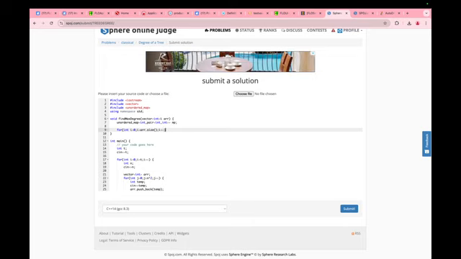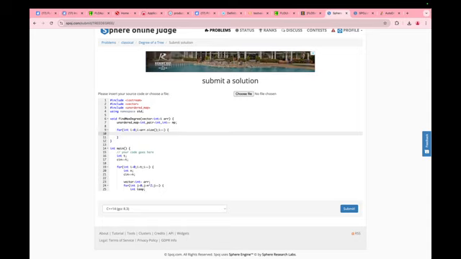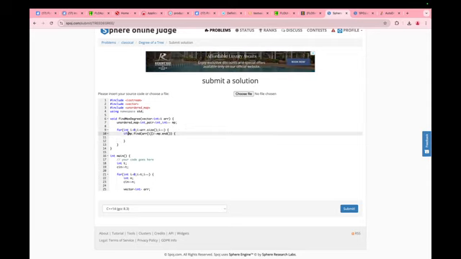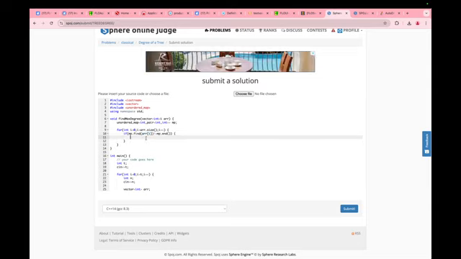Now for this, I am saying that if my map already has that element, it means that I am encountering the first element, or I'm encountering the second element. So if my map already has that number, it means I have encountered that element once, and now what I'm encountering is the second index. So I will do that like this.